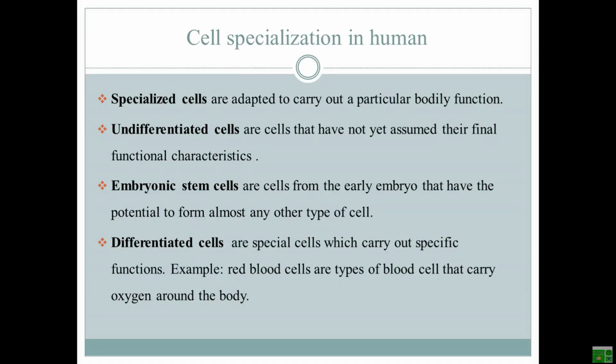Example: digestion is carried out by the digestive system, which is composed of digestive organs. A group of systems makes up a body or organism. The hierarchy of levels of organization from simple to complex is cells, tissues, organs, systems, and body or organism.